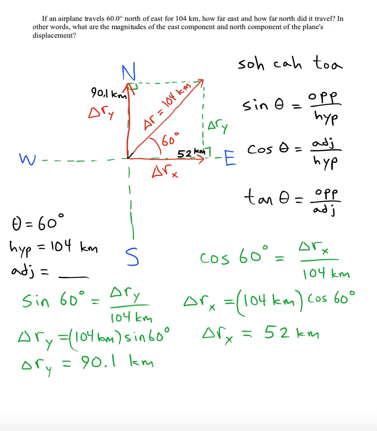All right, so what other method can we use to find these? Well, there's a general formula that always works for any vector, as long as you know the standard position angle of the vector. Here's what it looks like. And I'm going to write it generally, which would mean it would work for any vector, not just a delta R vector.